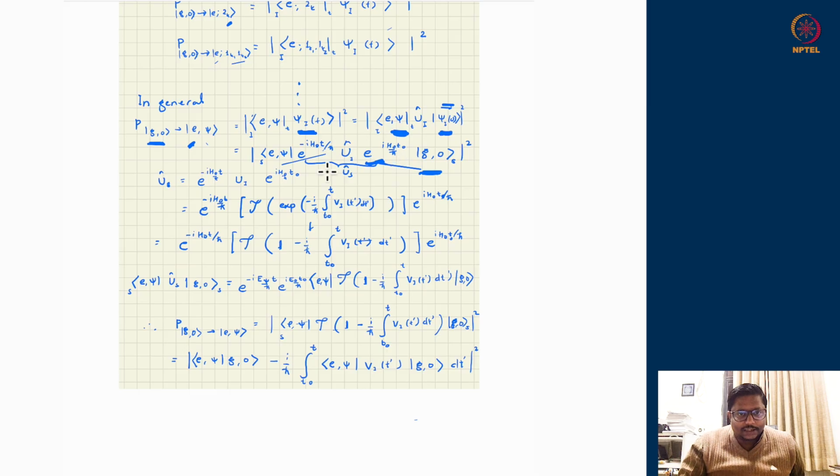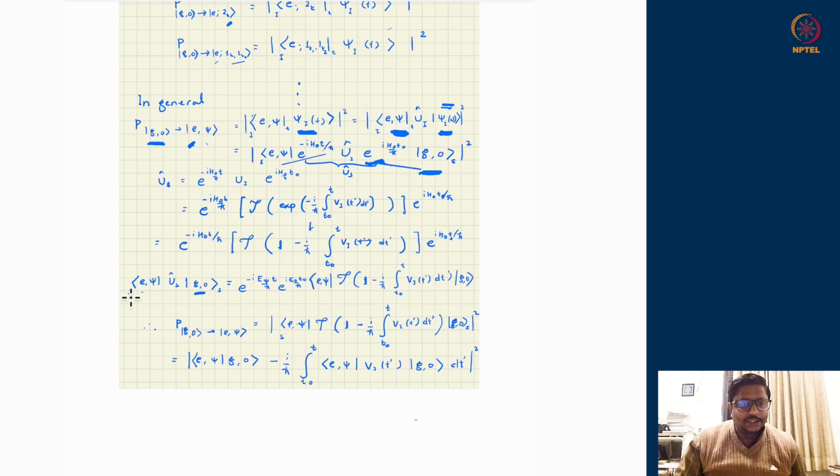See, the transition probability is the Schrodinger unitary US squeezed between the Schrodinger states G0 and E psi from left and right. So I have to take this US and squeeze it between the initial state G0 and the projected final state, and the mod square of that will give me the probability. So let us first squeeze it between these two states of interest, and then we will do the mod square.